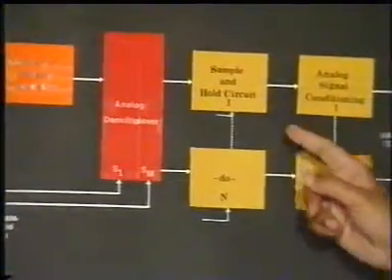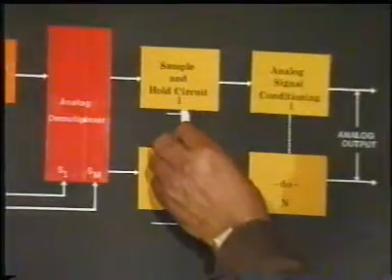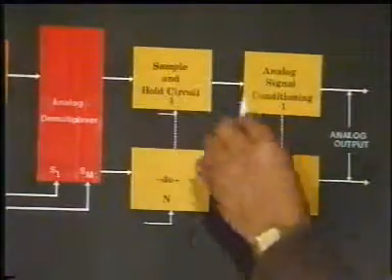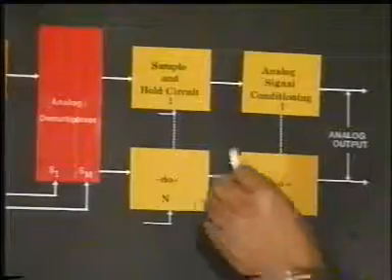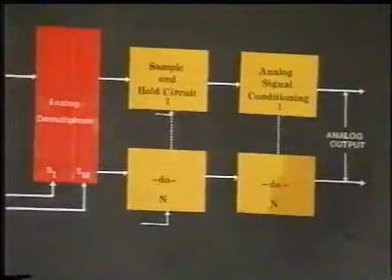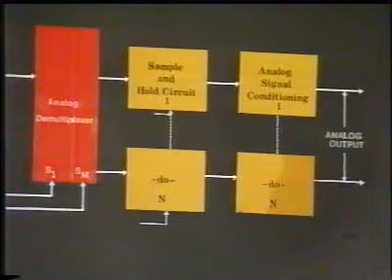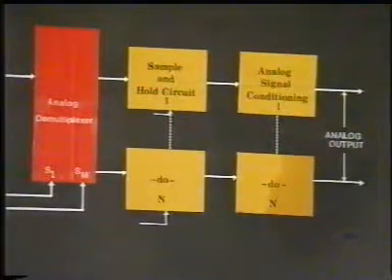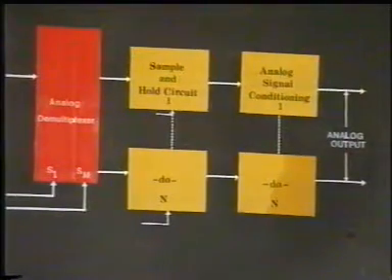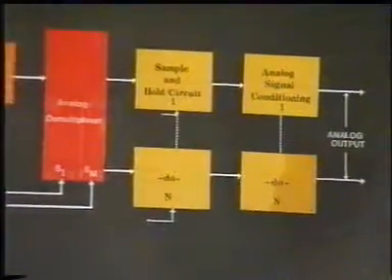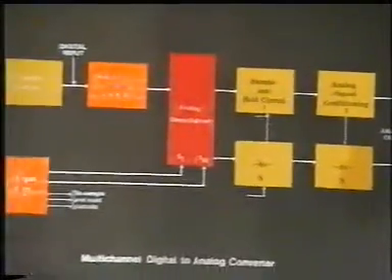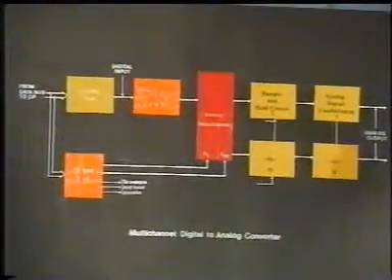Also, the sample and hold circuit holds that sample in a particular channel. There can be n channels like this. Then after signal conditioning, the analog signal can be used by the analog devices. So this way we can again conserve on the D2A converter chips and some other chips by demultiplexing.